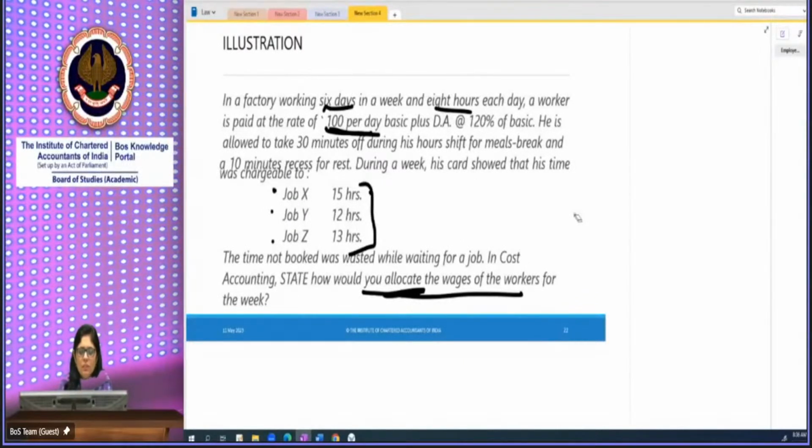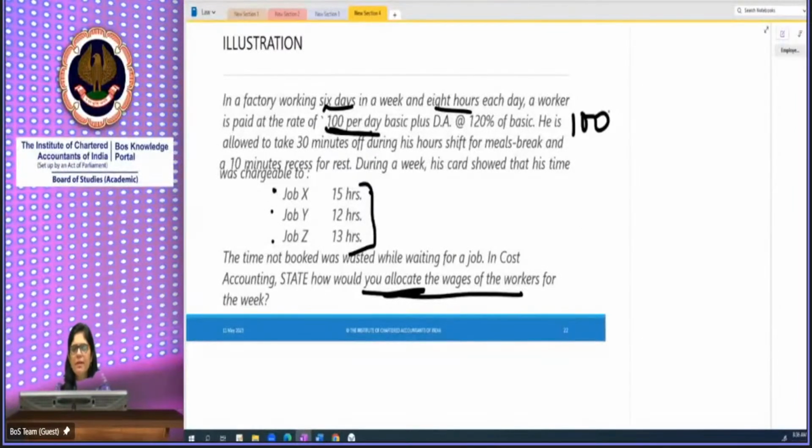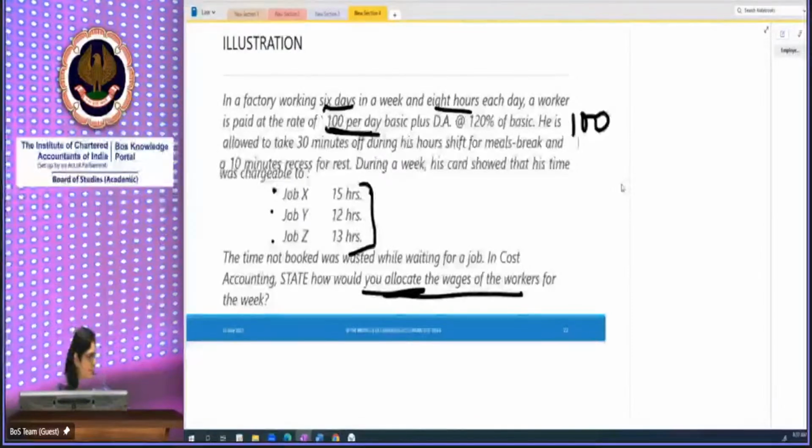First of all, you should have the rate per hour. So the rate is 100 per day plus DA, which is 120% of basic. Then how much will be the basic and the DA? Please calculate.